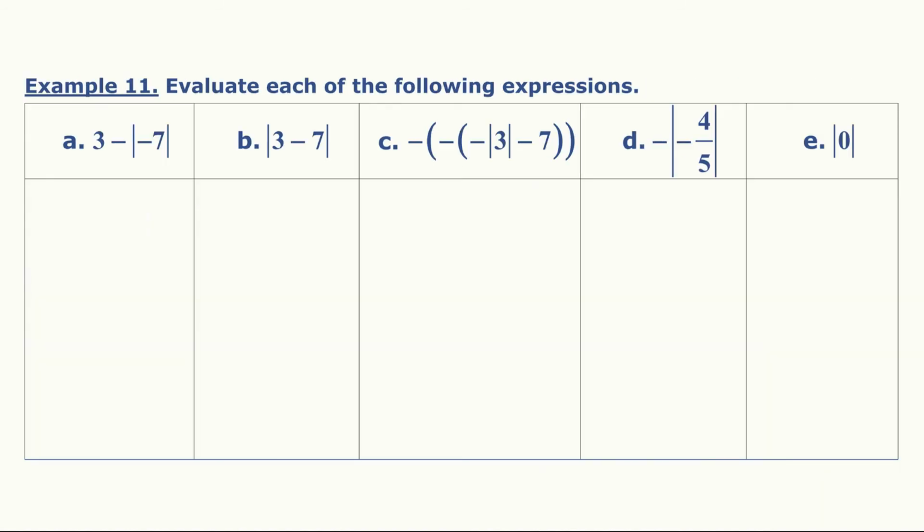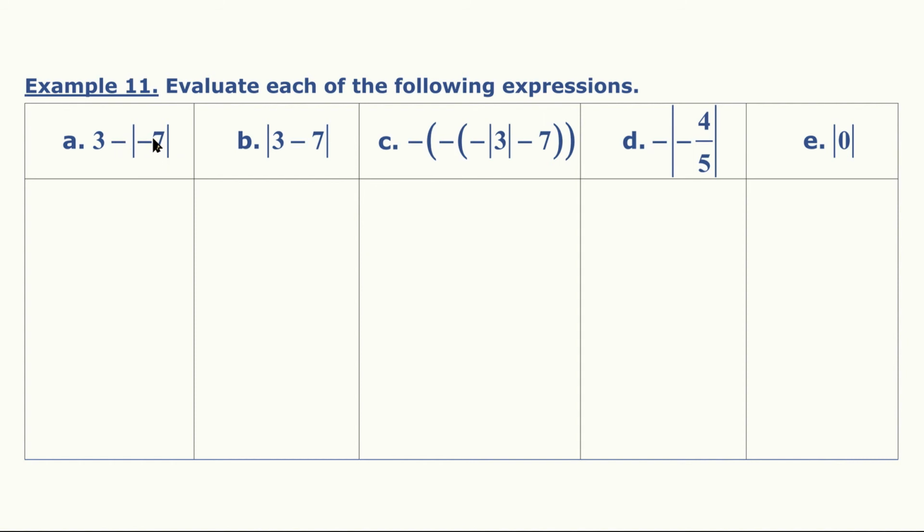Alright, so we're gonna get some more practice with these, and then that's gonna wrap up this video for us. Alright, so when you want to evaluate expressions like this, you have to be very careful and deal with the absolute value internally first, and then continue with the rest of the operations. So here I'm going to evaluate the absolute value.